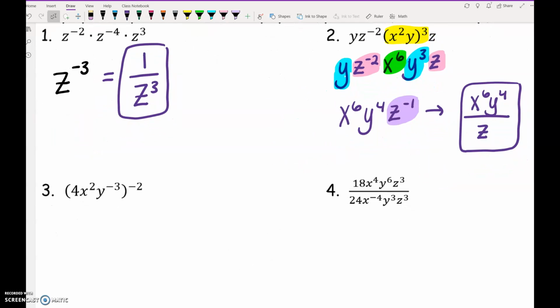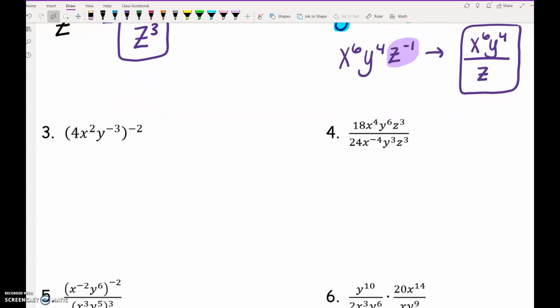Okay. Number 3. What do you think we need to do on number 3? To distribute, like quote unquote distribute. We need to apply the exponent of -2 to everything inside. Now here's something important to note. That 4x squared is not 4x squared. It is 4 times x squared.